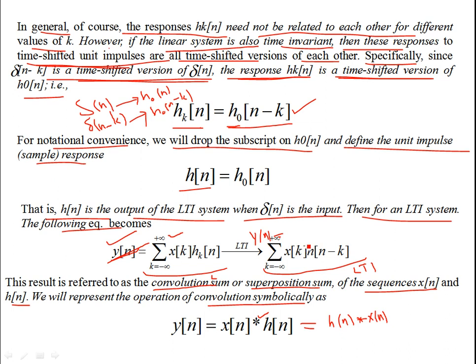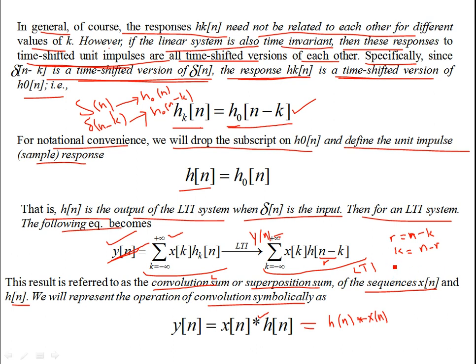What you can do is, if you say that this is R, if R is my n minus k, and R is some dummy variable, it's also an integer because n is integer, k is integer, and the difference is also an integer. That means k is equal to n minus R. I'm just trying to say that the convolution is commutative.